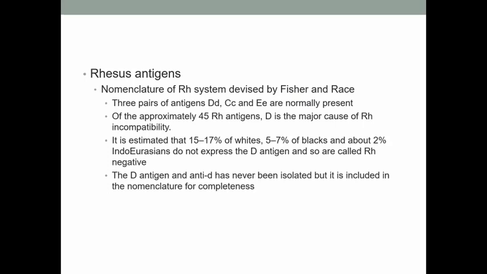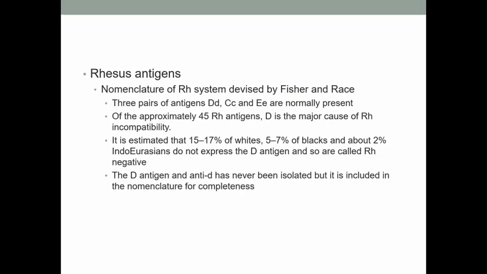A lesser percentage of Asians express the D antigen, and are so-called Rh negative. If you look, in whites you can find more Rh negative women than in us, the Asians, right?